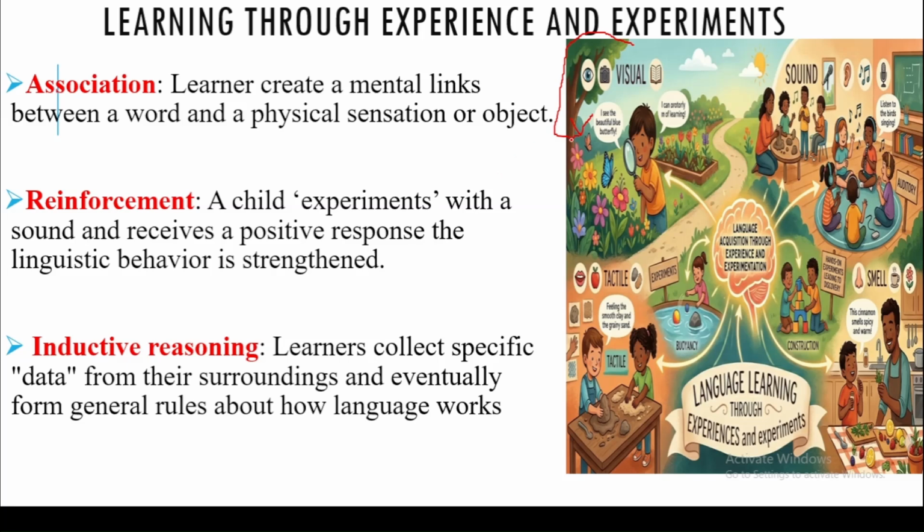It means the word tree has such shape in reality. So it creates a mental link, and once the link is created, the child becomes habitual to use the word.